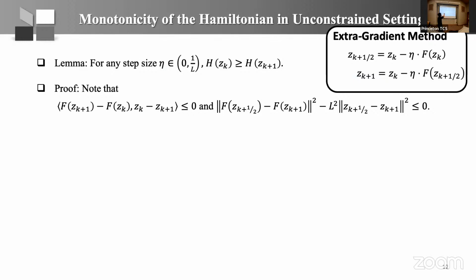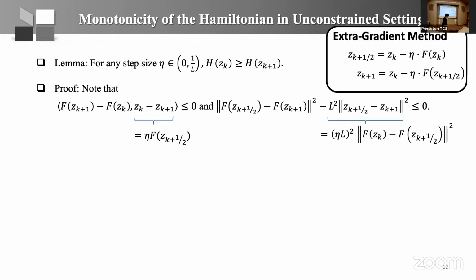So far this is only about properties of the operator. Now I'm going to use something about the algorithm. I'm going to change z_k minus z_{k+1} using this update rule, so it's just eta times F of z_{k+1/2}.